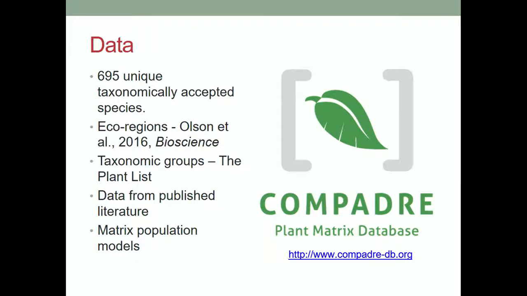I've also only used matrix models that include only the active stage of the plant, so nothing that includes a seed bank. Seed bank issues would affect fertility later on, but I'll come back to that. So this is only things that have an active stage class.